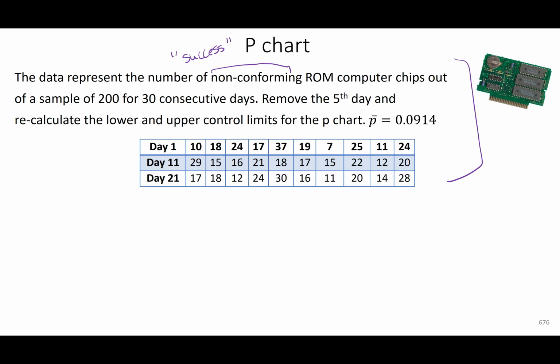One of the days ended up getting removed, so we remove the 5th day and recalculate the lower and upper control limits here. That day was exceptionally high. So n is equal to 200, and p bar is equal to 0.0914.